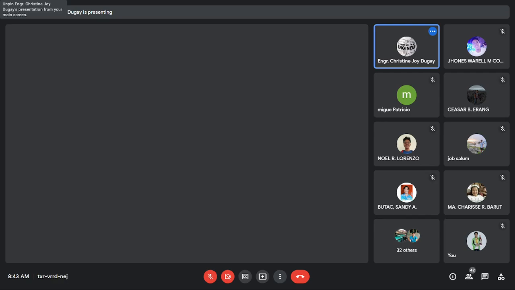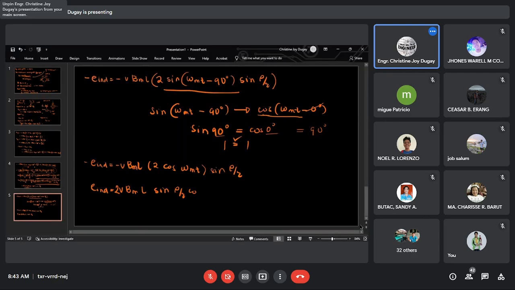So, ang i-induce natin ngayon, that is equal to v bml, or that is twice, ilalabas ko na si 2l, and then that is sine rho over 2 cosine of omega mt. So, yan na po siya. Kung mapapansin po ninyo dito, itong part po na to, sine rho over 2, this is actually yung KP po natin. Diyan po nakuha si KP.